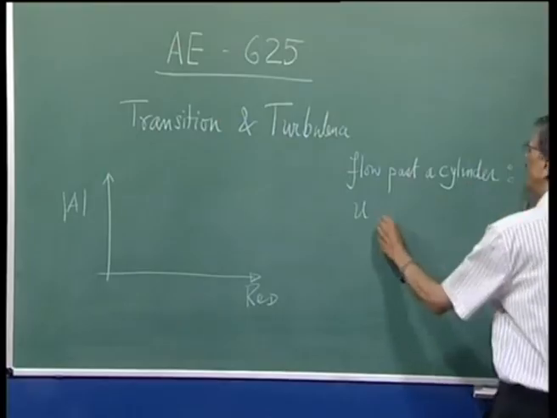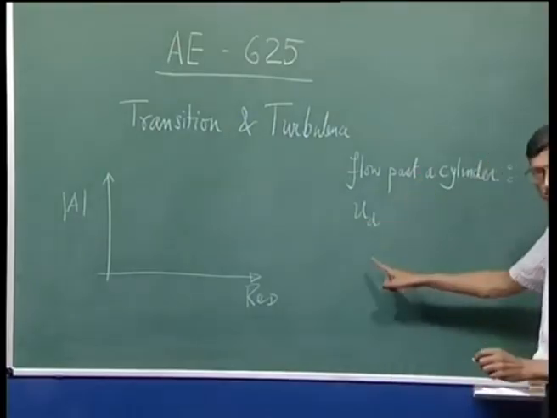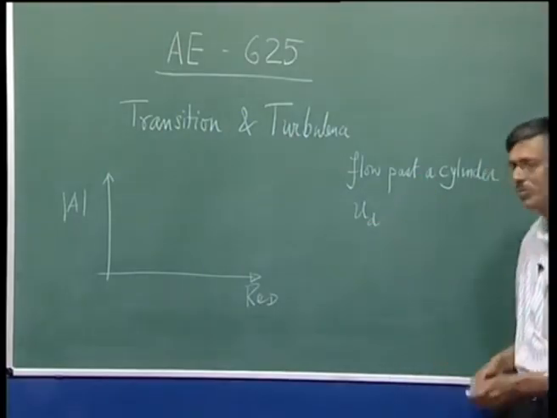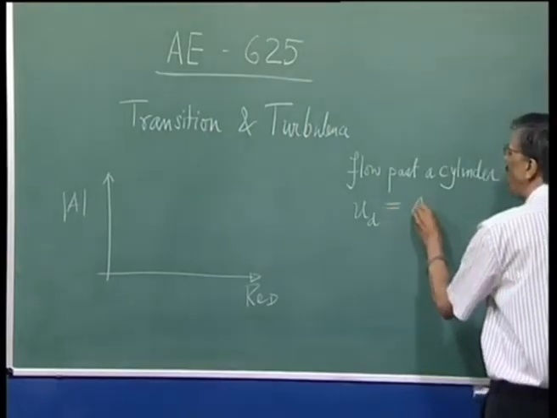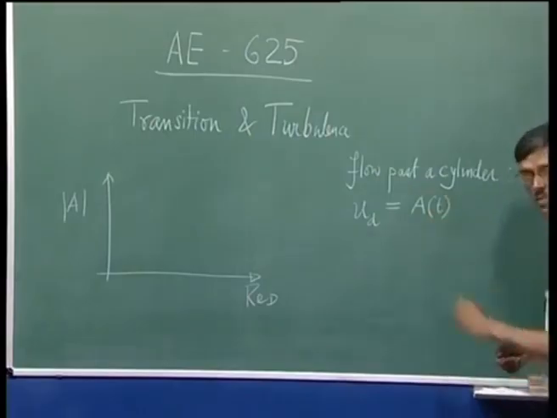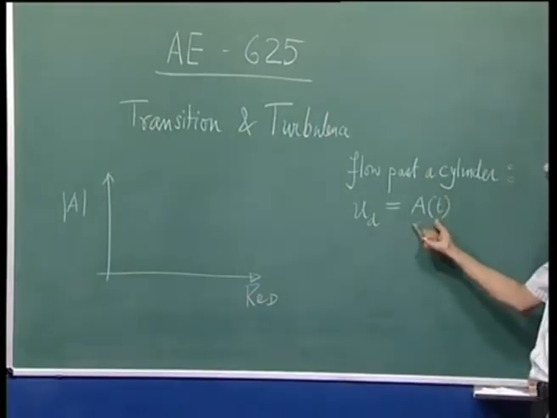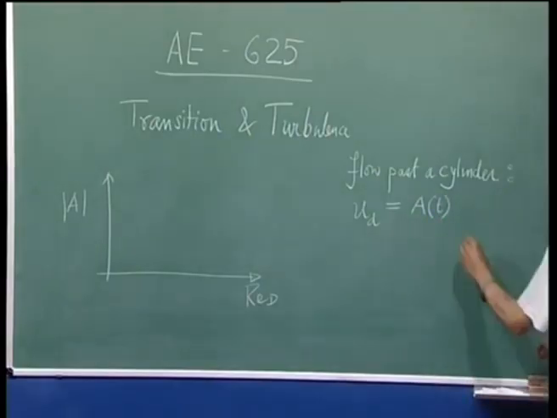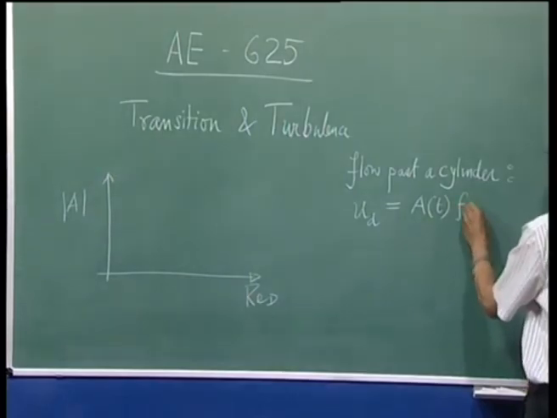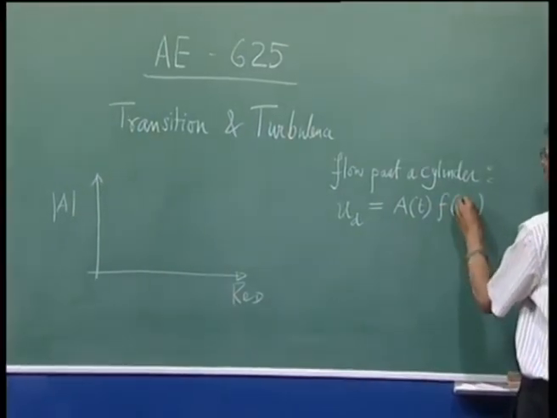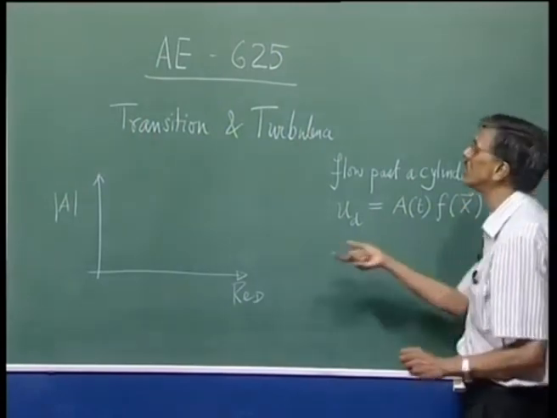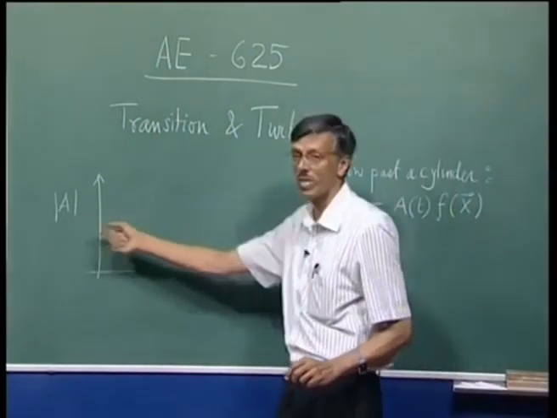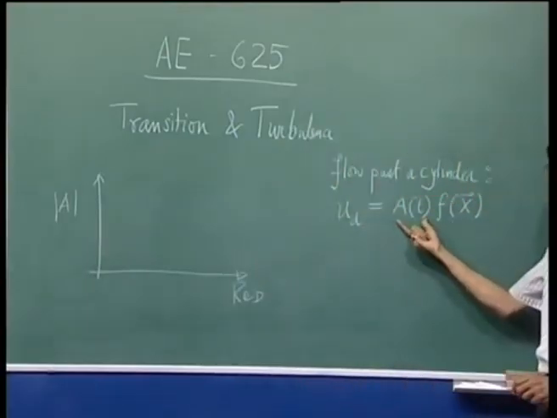Let me write this as u subscript d, implying the disturbance field, and I will write it as some A of t. I told you it suffers from a temporal instability, so let us call that A of t, and that would be multiplied by some function of space, f of x. Now, this is that A that we are plotting, the time dependent thing.